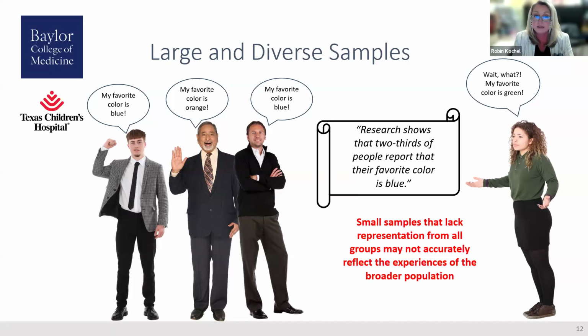So the problem here is that the results from this research study are not very representative. That means they can't generalize to a broader group of people because we've had such a small, similar sample of folks who are part of the research sample. So at the end of the day, small research samples that lack representation from all groups may not accurately reflect the experiences of the broader population.